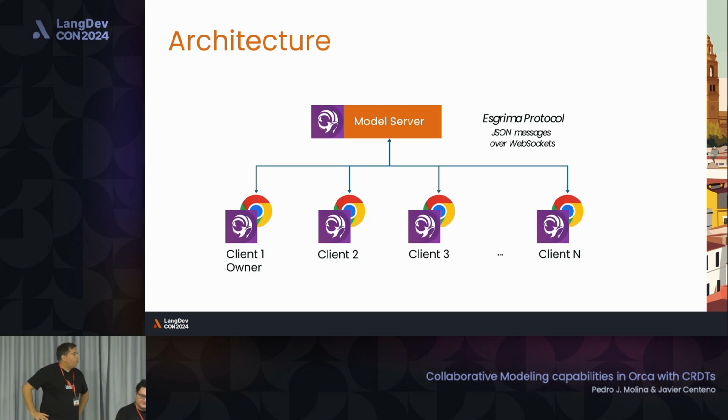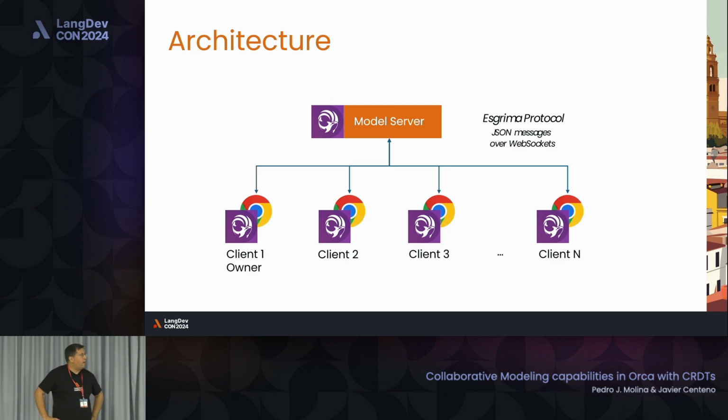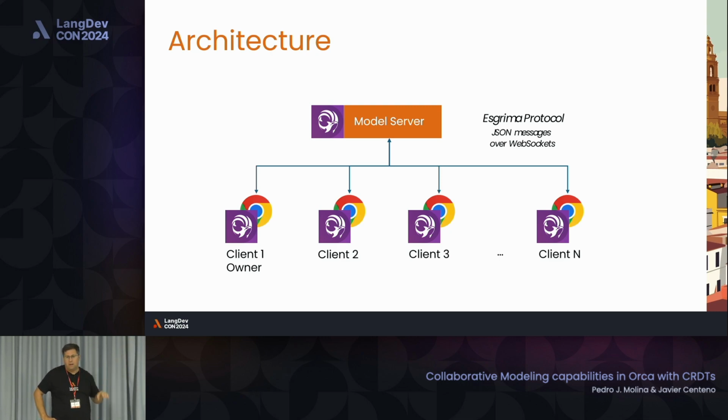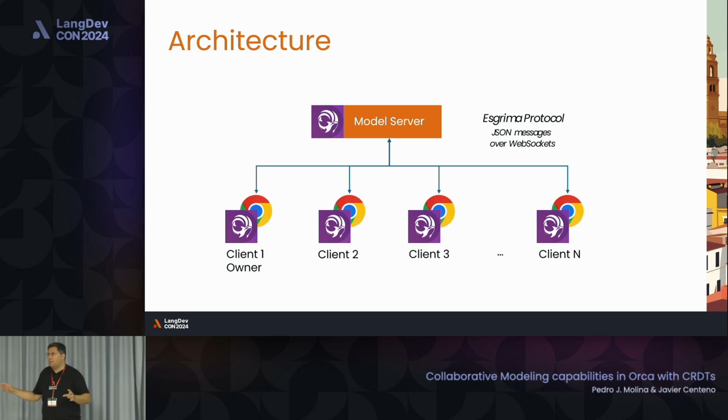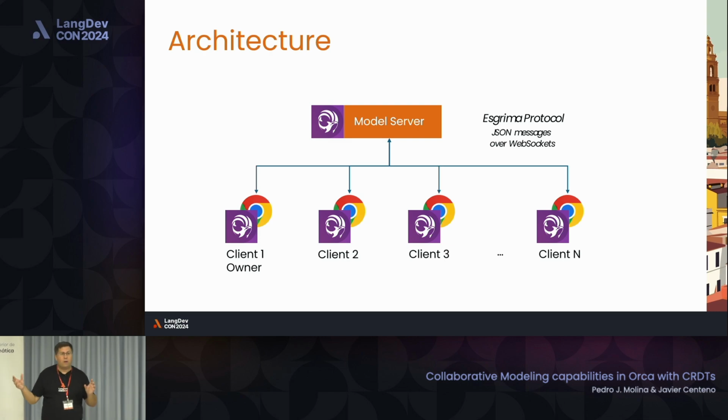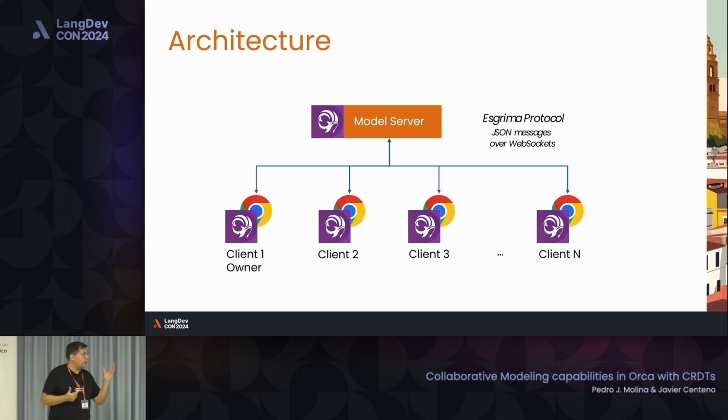Well, first of all, we need to set up an architecture to do this. So we decided to have a central model server. So we have some server in the cloud that is synchronizing the clients. Otherwise, different clients, different browsers, probably are on different IPs, and they would not be able to talk to each other. You can go for a solution that is fully distributed with no central server.